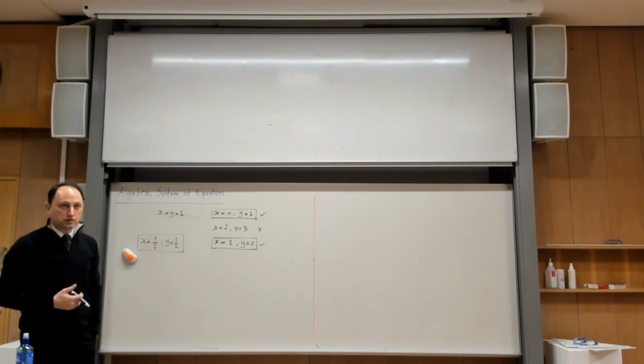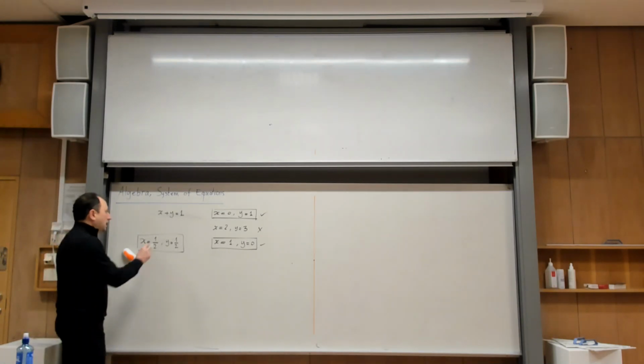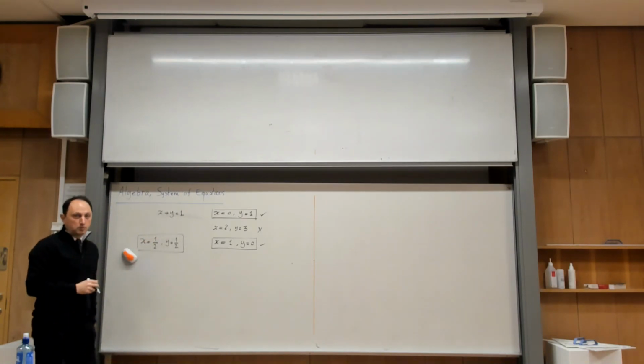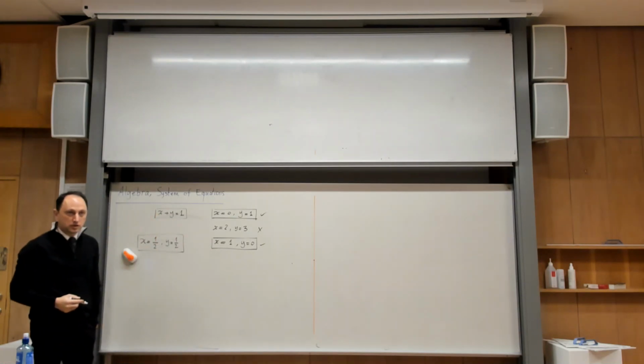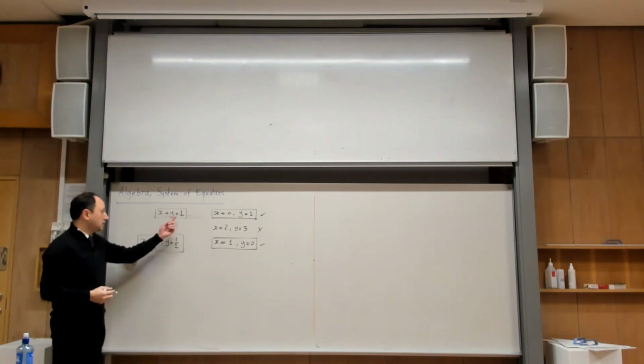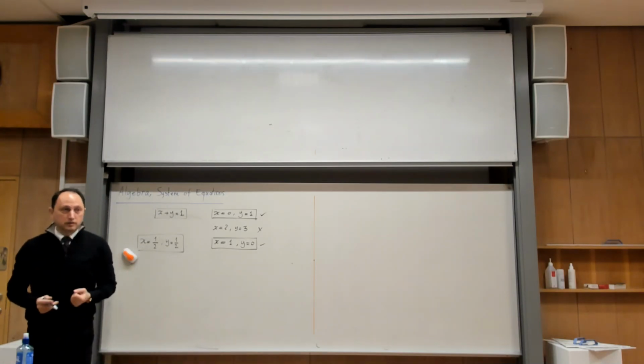Is that understandable? Okay, so how many unknowns do you have here? You have two unknowns. But how many pieces of information are provided by this single equation? One piece of information. I have one equality, which means I have one piece of information.